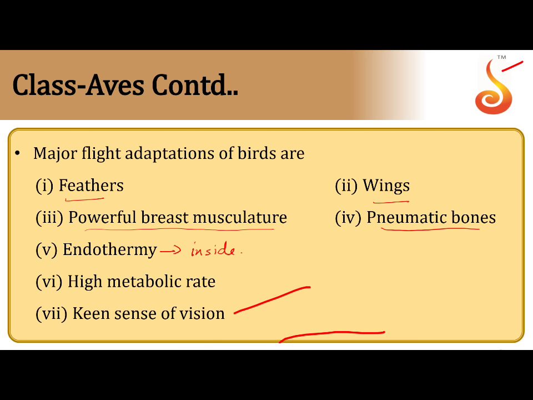We saw the cooling agent as air bladders. High metabolic rate. So, very quick metabolism, quick digestion, quick respiration, quick circulation. Keen sense of vision. Especially while flying high, the predator birds need to catch their prey much below them. So, their vision is very sharp.